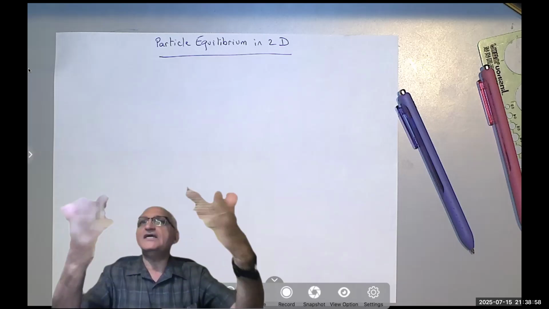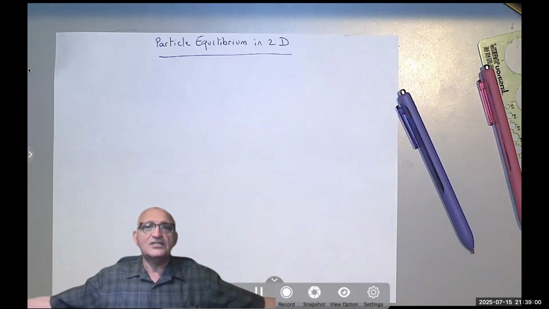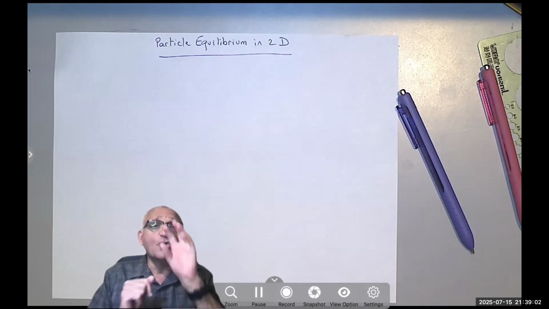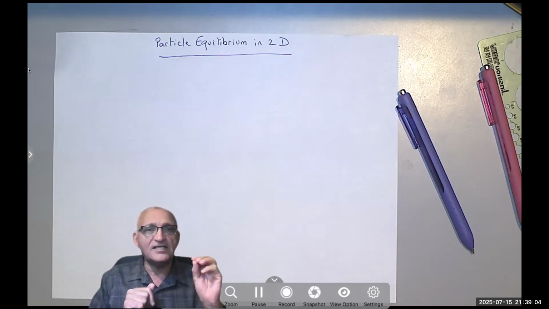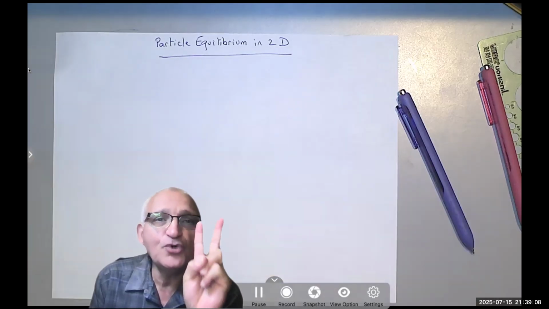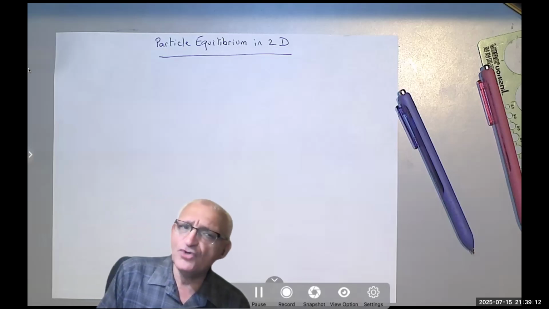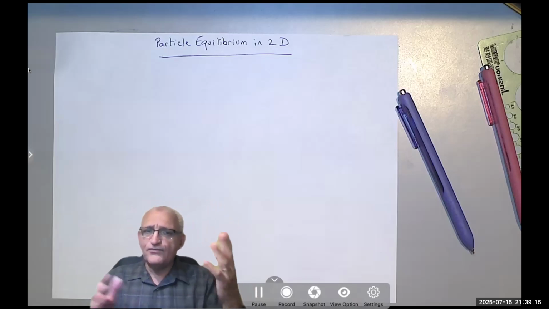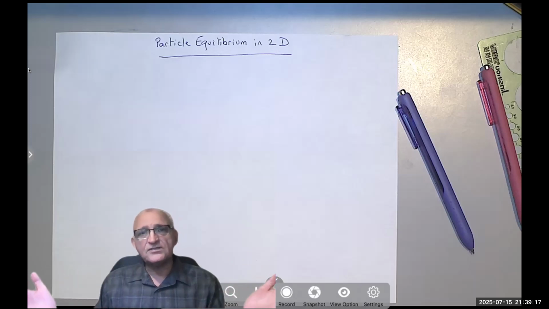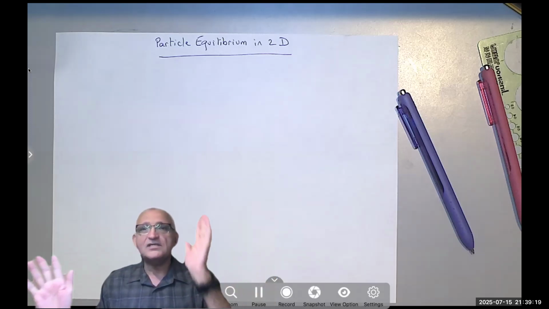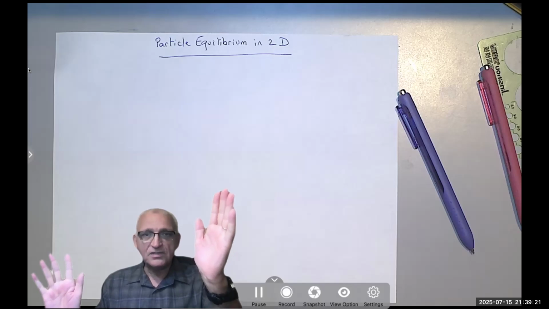So when I see a body in equilibrium, it's not moving in front of me. So it's definitely in equilibrium. So what are the forces acting on it? It turns out that I will have two equations of equilibrium. What is that? Because if you are in 2D, then all the forces will be 2D vectors. They have an I component and they have a J component.